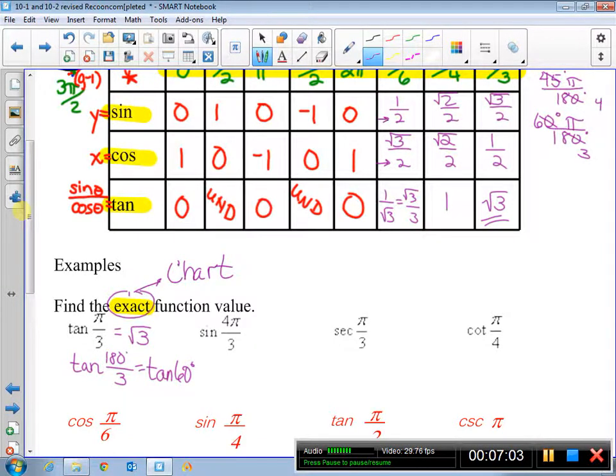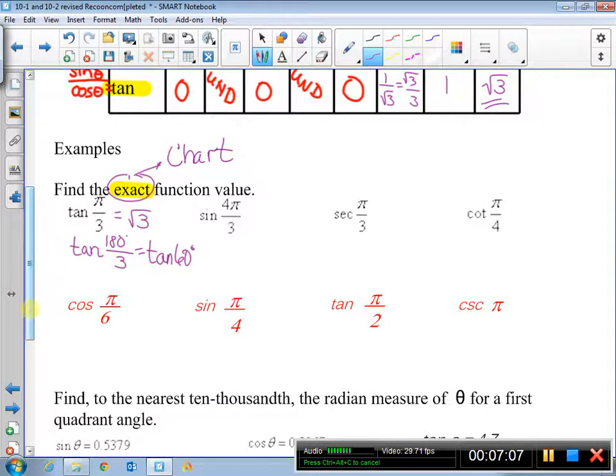Sine of 4 pi over 3 takes a little more work. So this one I'm actually going to convert. I don't have a 4 pi over 3 up in my chart. So 4 pi over 3 is the same as 4 times 180 degrees divided by 3, or 240 degrees. Do a little sketch for 240 degrees. I know that my angle ends up in quadrant 3.